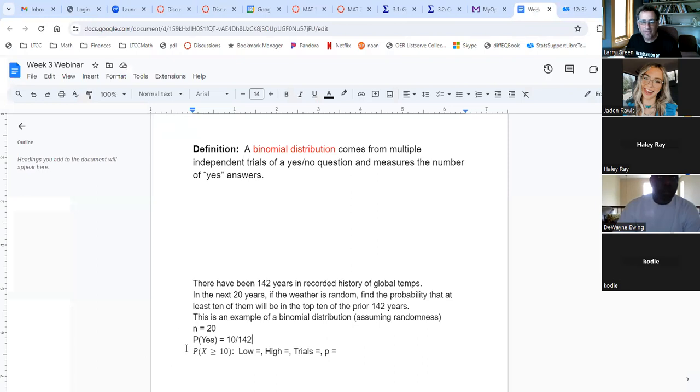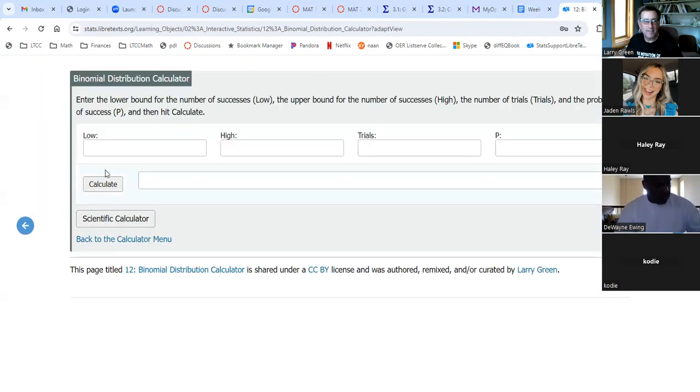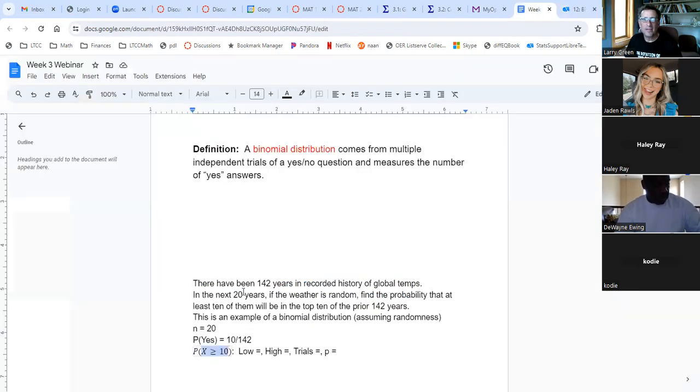Okay. We want the probability that x is greater than or equal to 10. What's the smallest number that is greater than or equal to 10? This is really easy. That's a hint. Yeah, 10. The smallest number that's greater than or equal to 10 is 10. So the low is 10. What's the highest number that can be in the top 10 in those prior 142 years?